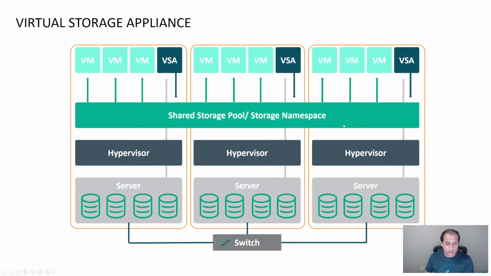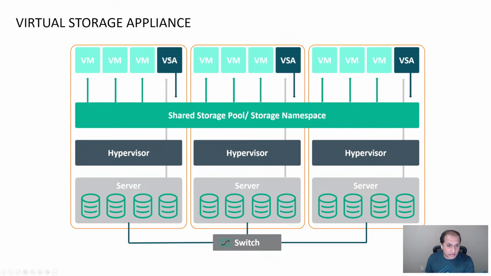In this example, there's a three-node cluster of an HCI solution. Whenever a VM is created, a virtualized storage pool of data is allocated, usually a VMDK file, and this is actually stored down on the server's hard disk.